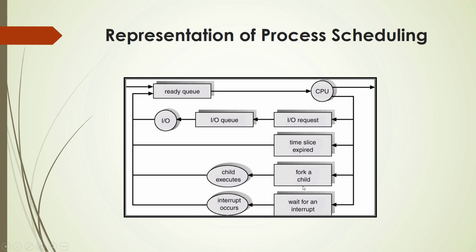And fourth, there is an interrupt from the operating system, so the process has to wait for the interrupt to finish. So these are the 4 possibilities when a process is running in the CPU. That is why we need scheduling, so that in each of these cases it goes to the Ready queue and then it moves back to the CPU.